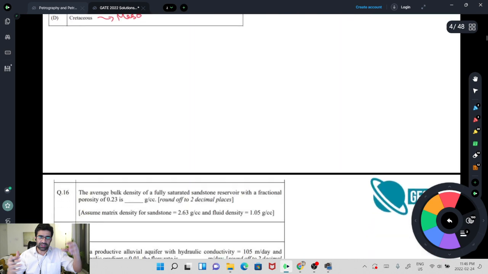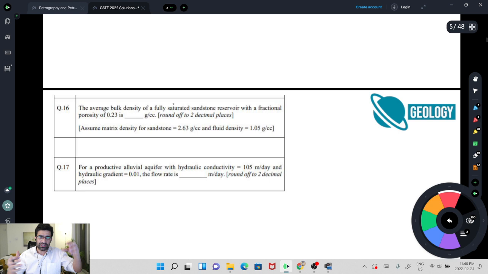Okay. The average bulk density of fully saturated, important keyword, sandstone reservoir with a fractional porosity 0.23. So porosity is given to you, which is fractional porosity, 0.23, and you have to calculate the average bulk density of this rock. Fluid density is given to you and sandstone density is given to you.